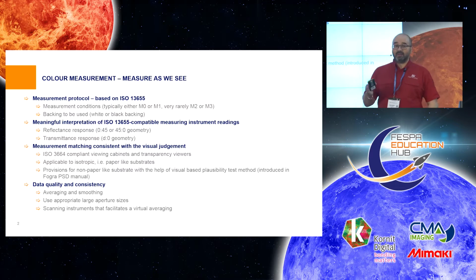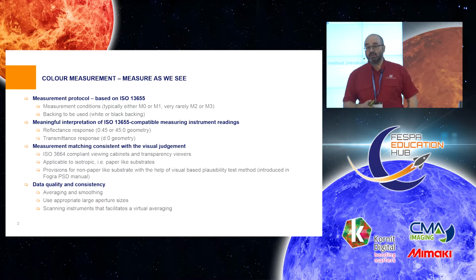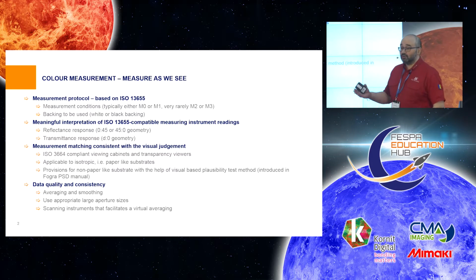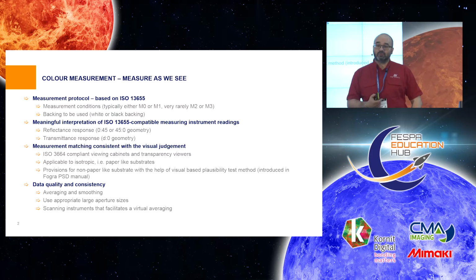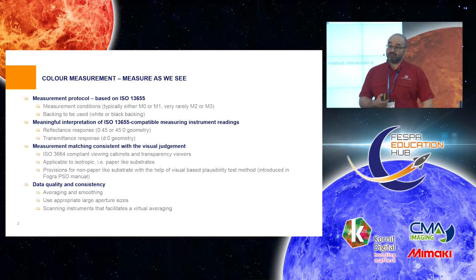Typically, this measurement condition and the backing need to be consistent with the characterization data set that we are going to use for simulation during printing. But the backing does not always need to be exactly the same type of backing that we used to create the characterization data set, the reference one.